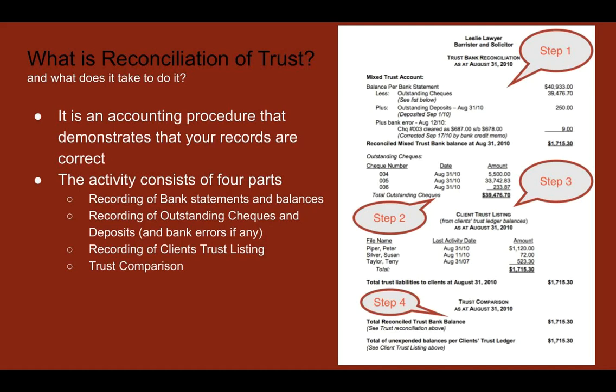So that's probably what it takes behind the scenes, I would say, of reconciling a trust bank account. Even though it is simple, even though it is a 4-step process, I think what goes behind it is more.